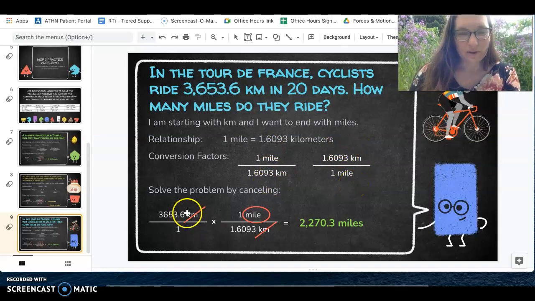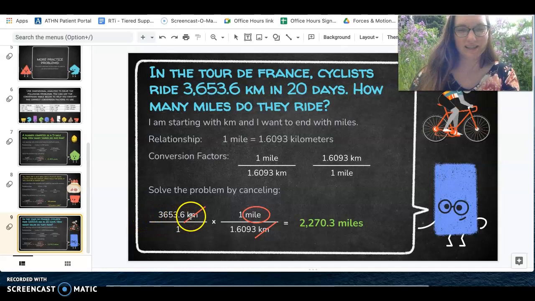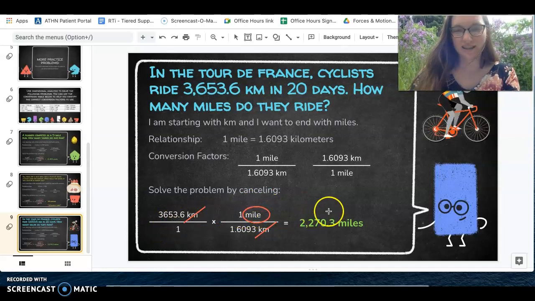Okay, so if I'm trying to go from kilometers to miles, then I'm going to put kilometers on the bottom, and I'm going to put miles on the top. Then I'm going to multiply across the top and get that number. So 3,653.6 times 1 is going to be 3,653.6.